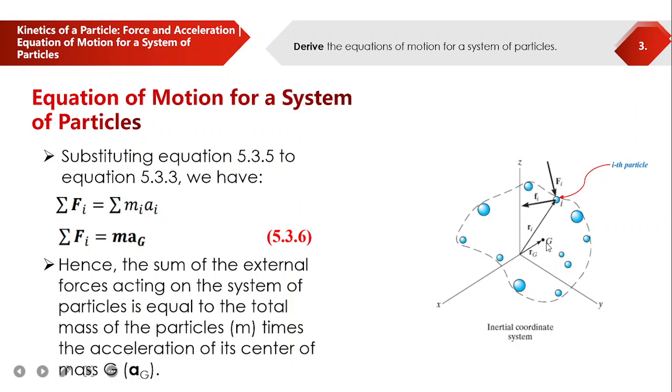I-multiply lang natin yung acceleration ng g sa mass ng particle na to, plus mass ng particle na to, all of the particles' mass inside of our system. So that's how you solve for your external forces acting on our system.